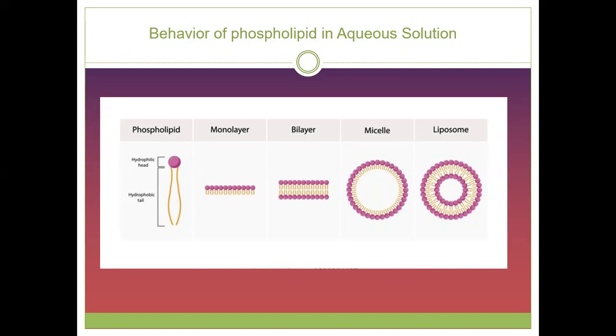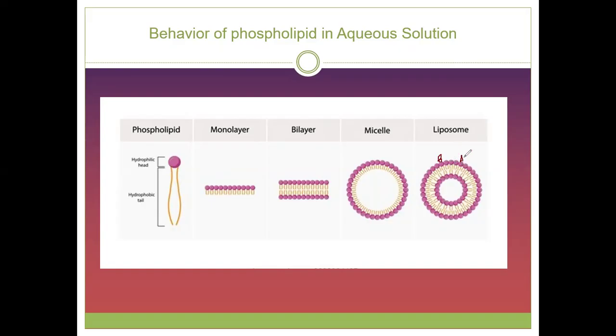You can have a phospholipid from point A moving to point B. For example, you have this one here at point A, and this one here at point B. This one can move to this place, while this one can move to this place.